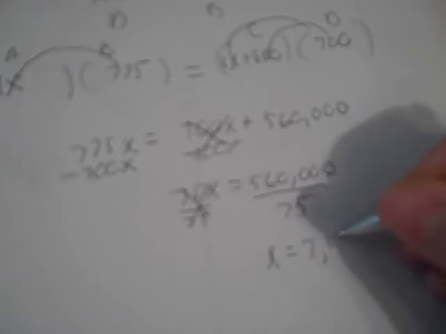I'm going to ignore everything after the decimal: 7,467. Those are the miles. Now that we know X, you can just add 800, so plus 800 gives 8,267. Now these are planes, mind you, so they're probably traveling overseas.